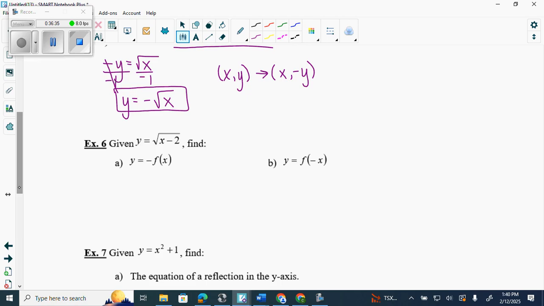Six says y equals square root of x minus 2. Is this a negative with the y or a negative with the x? It's with the y because the bracket has an x and there's nothing with it, correct? So I take my equation that they want me to find the new one for. I'm going to make my y negative.